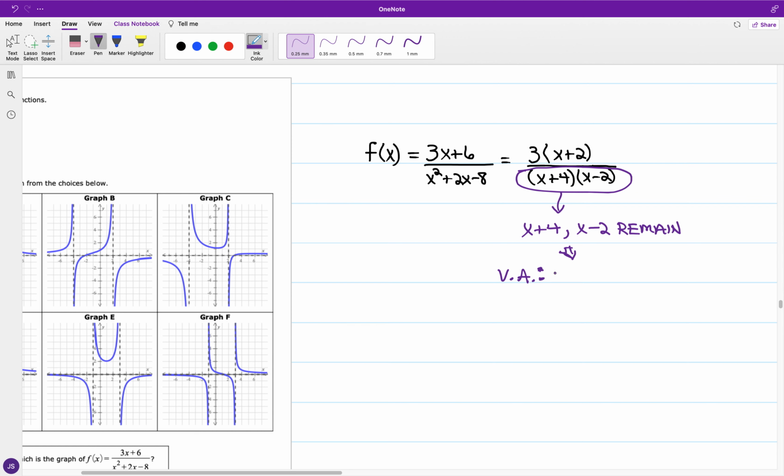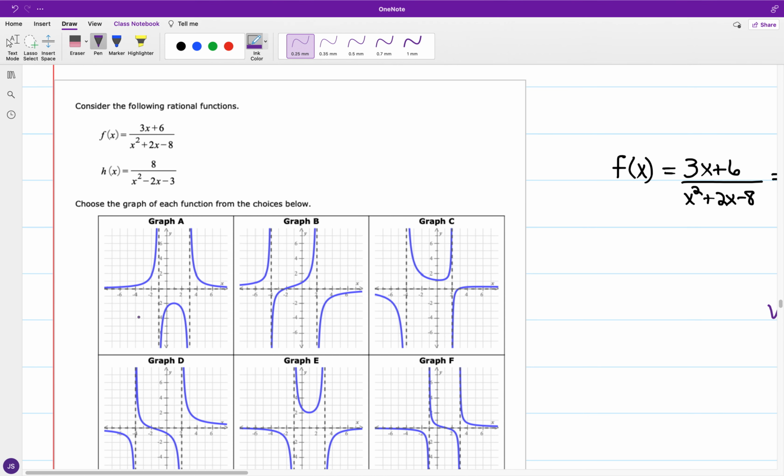So that's just the first round. Looking at the graphs with these vertical asymptotes, graph A doesn't have -4 or 2, so graph A is disqualified. Graph B has x equal to -4 and x equal to 2, so B survives the first round. C also has -4 and 2, so C survives the first round.